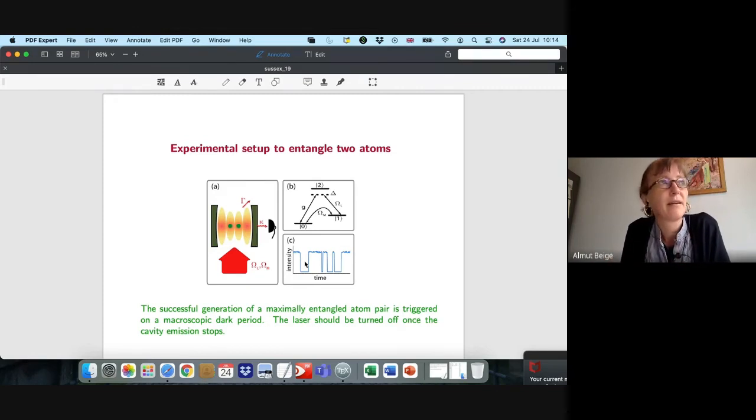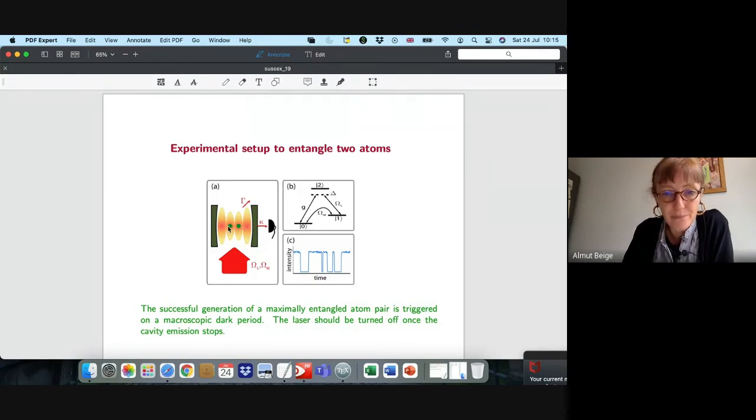That's why having an open quantum system and understanding spontaneous photon emission and the measurement process and how to implement it is quite important for making these devices work on the scale that people are looking at now. For example, this is a very simple scheme to prepare two atoms or ions in an entangled state.